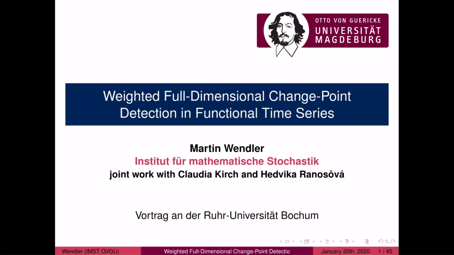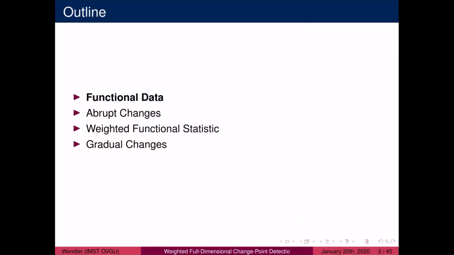The topic is weighted full dimensional change point detection in functional time series. I will first talk a bit about functional data, and how functional data is different from multivariate data. Then I will talk about how to detect abrupt changes.